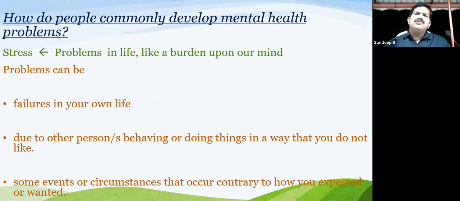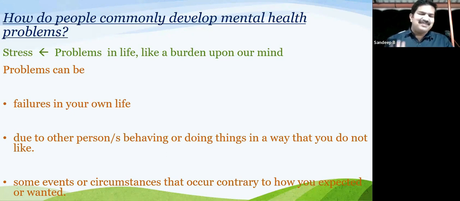And how do commonly people develop mental health problems? In simple terms, you can say, of course, there are nature and nurture. So genetic factors are there, as well as environmental factors. Of course, genetic factors in varying proportions are there in all of us in varying degrees. Genetic preponderance is there.